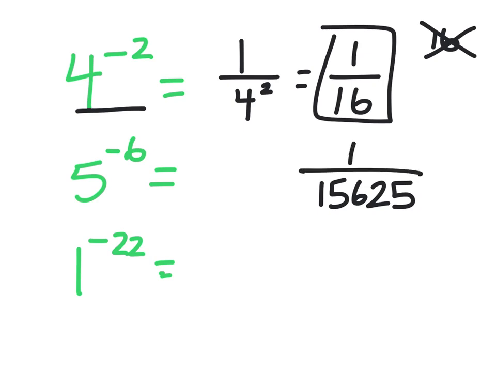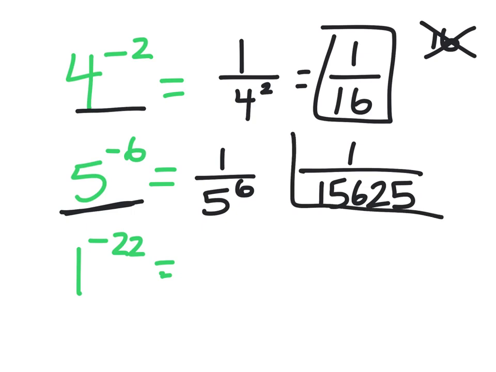Going back, this negative exponent is forcing my item into my denominator, which would be a now positive 6. So you're looking at 1 over 5 to the 6th power. If you want a shorter way, do the exponent and put a 1 over top. So let's look at a 1 to a power.